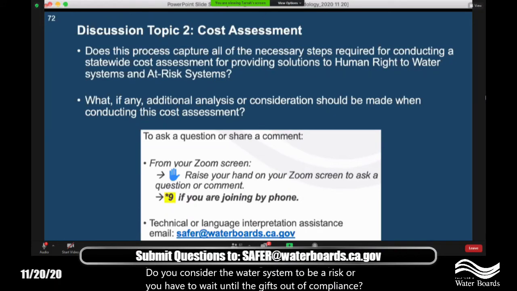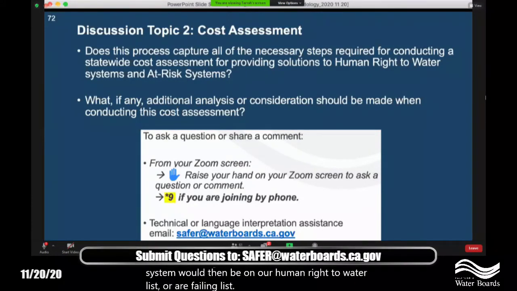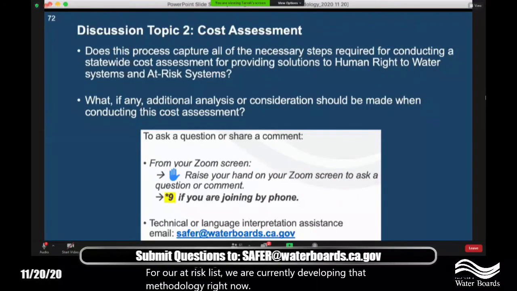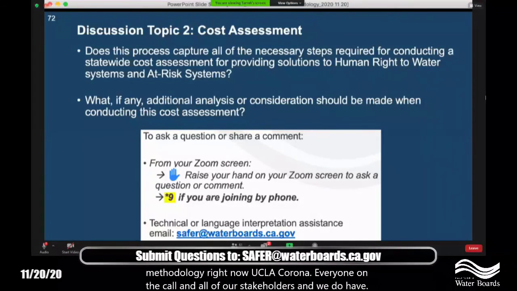So when the system becomes out of compliance, so if there's a primary or secondary MCL, then that system would be on our human right to water list or our failing list until that system comes back into compliance. For our at-risk list, we are currently developing that methodology right now, with UCLA, Corona, everyone on the call, and all of our stakeholders. We do have a number of water quality risk indicators.